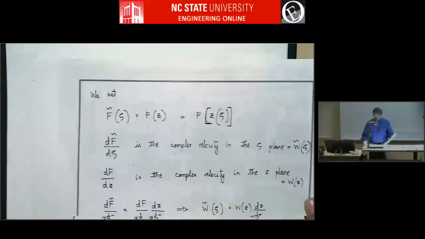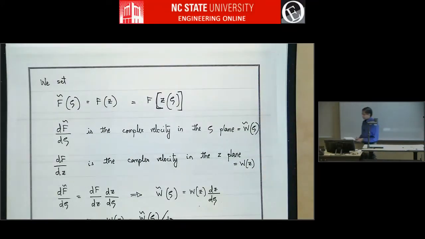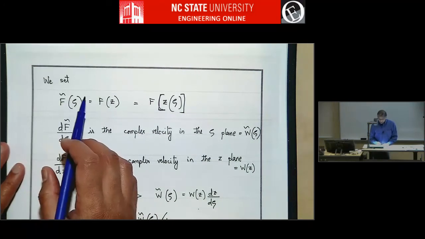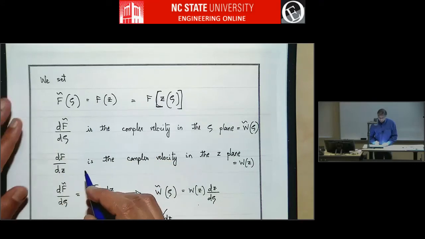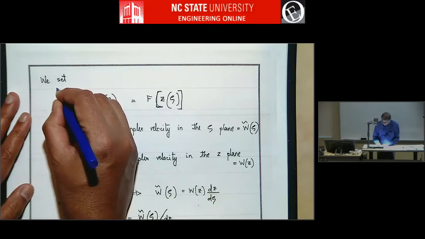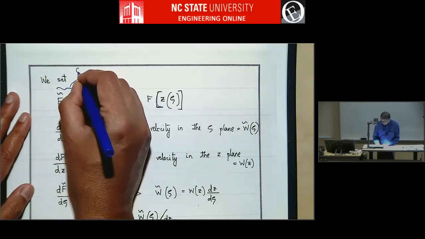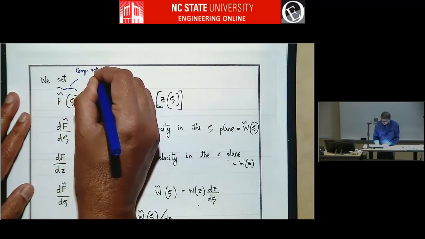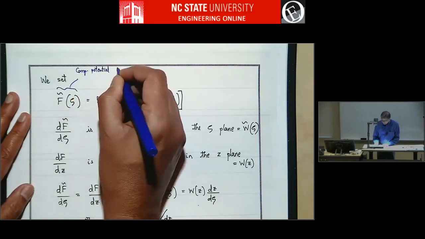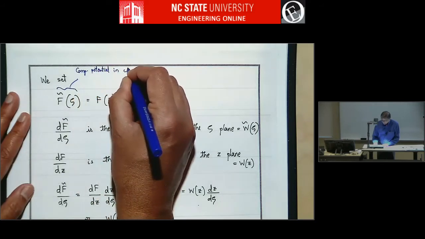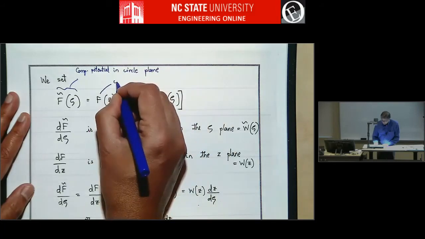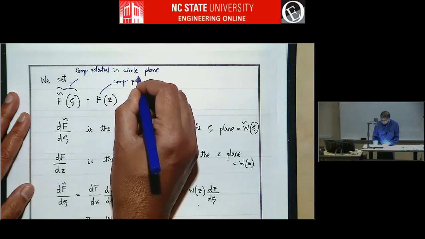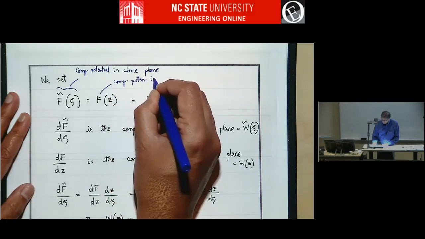So what we're going to do is we set f tilde of zeta equal to f of z. So this is velocity potential or complex potential in circle plane, and this is complex potential in airfoil plane.